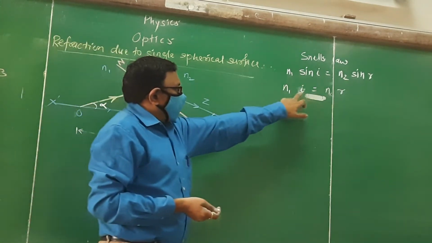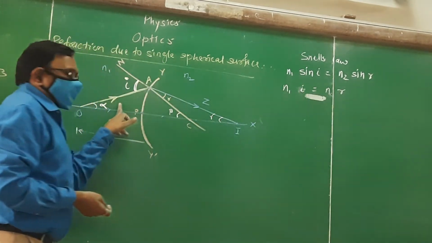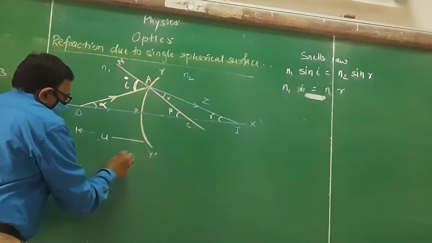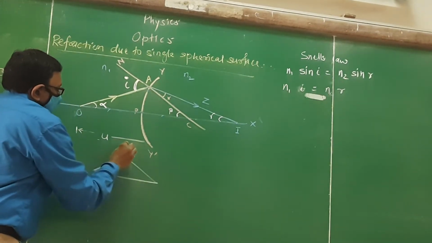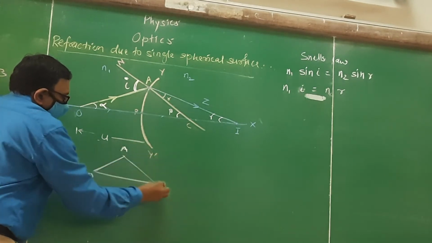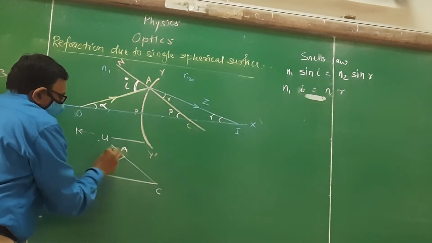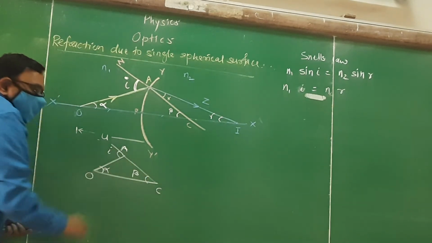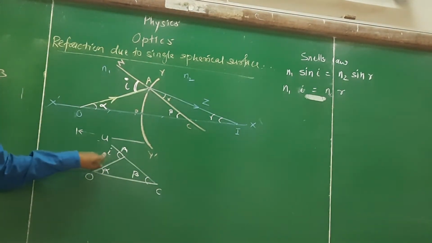From this diagram we have to determine the angle of incidence. Let's see. Here from this triangle A, O and C, this one is I, this is alpha and this is beta. Can you say the value of I from this triangle?